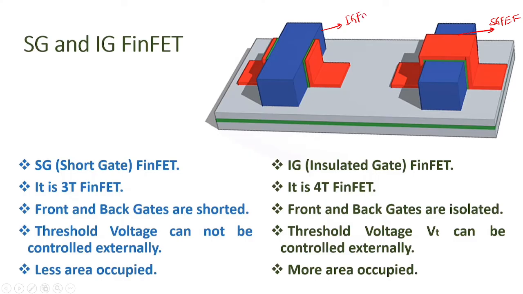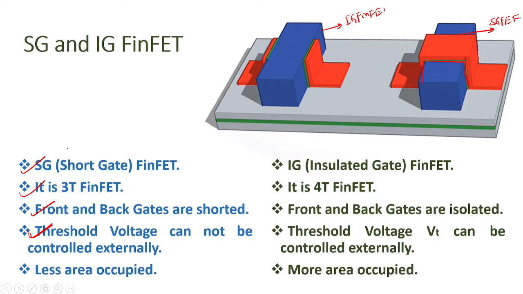If you see the short gate FinFET, there are 3T FinFETs. 3T FinFET means three channels are there: here one channel, this is one channel, and here there is one more channel. Front and back gates are isolated, and threshold voltage cannot be controlled externally.